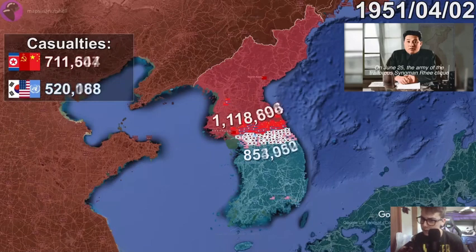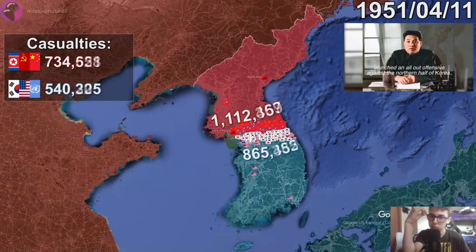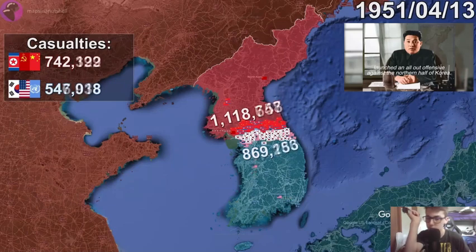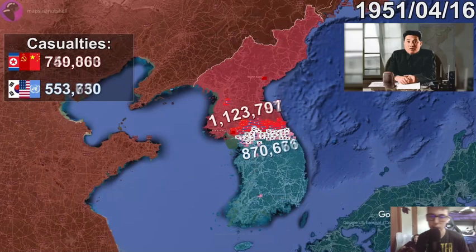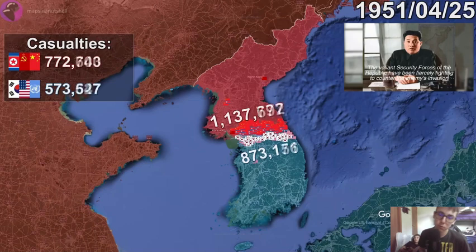Let's see. And okay, it's pushed back to the 38th parallel line, where they were divided into two different Koreas, basically, because Japan occupied the Koreas during World War II, and after World War II, different zones were split in the Korean Peninsula.